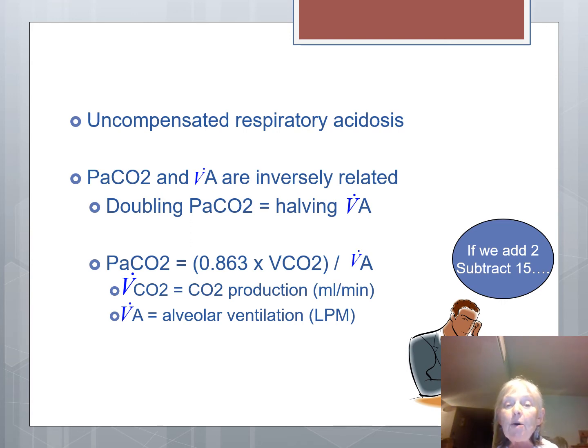Remember, VCO2 is the amount of CO2 being produced from the amount of oxygen being used, and it's part of that respiratory quotient, which is 0.8. Once we know that, we can plug it into our formula, and as a result we can predict what the PaCO2 would be for this patient at this particular point in time.